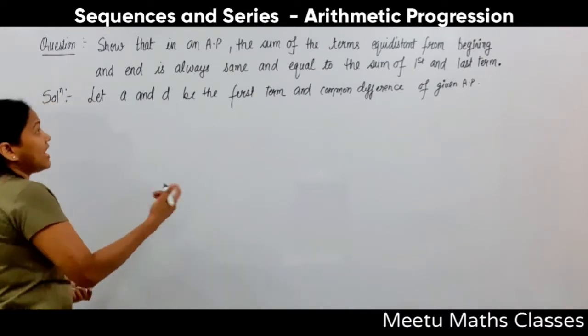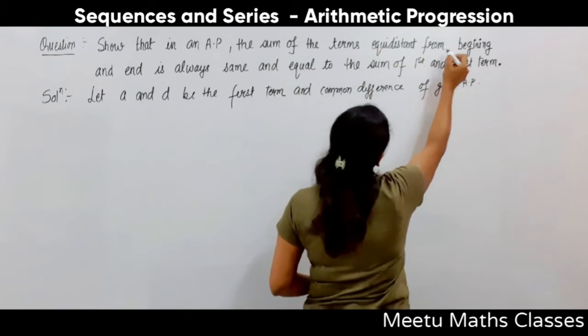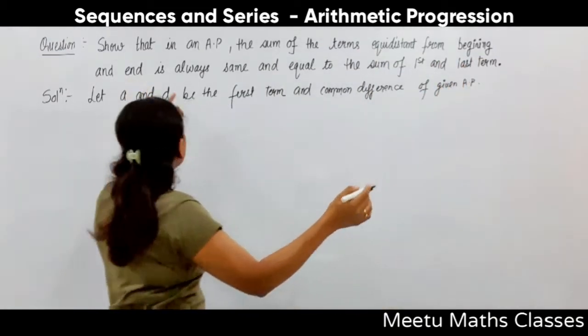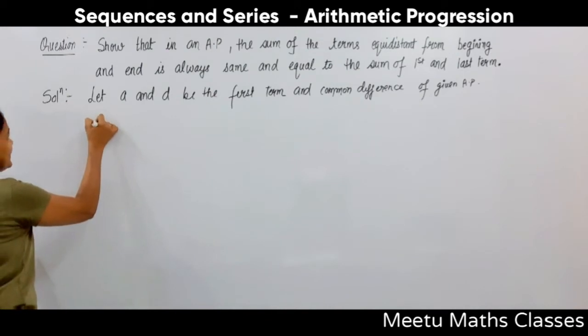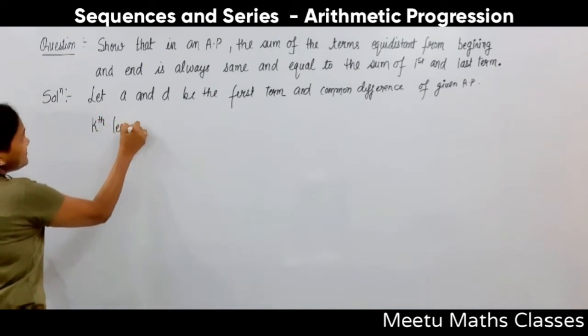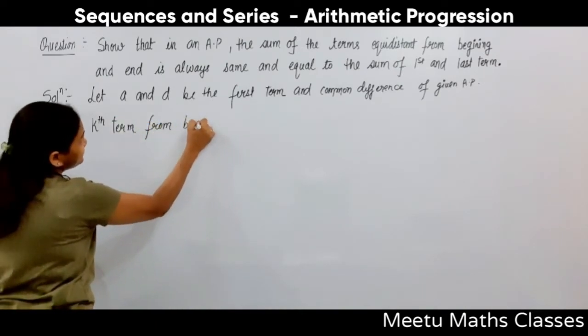Now we have to consider the sum of terms equidistant from beginning and end. So let the distance be k. So let the kth term from beginning. What will be the kth term from beginning?